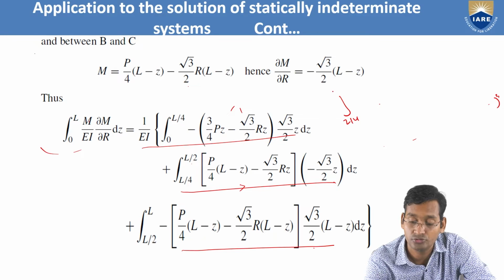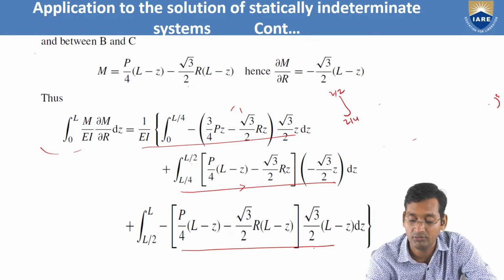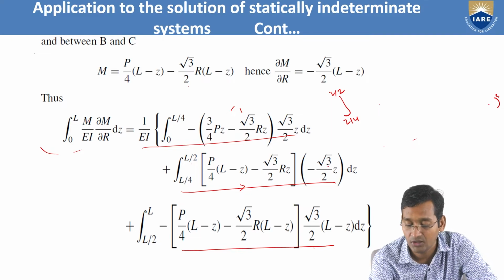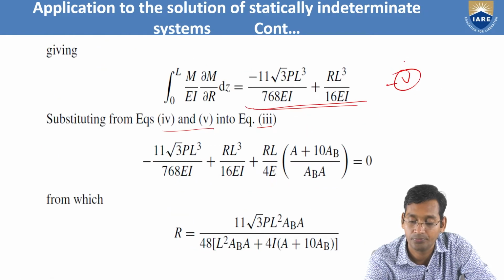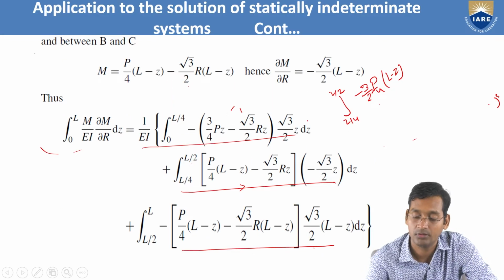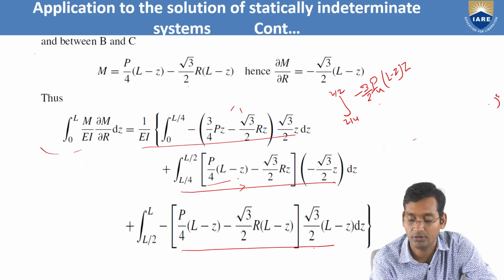L by 4 to L by 2. Now this one I'm multiplying here, so minus 3 by 2 to this one. So it becomes minus 3 by 2, P by 4 into (L minus Z) into Z. Sorry, Z into Z. The first term we multiplied here with this one.